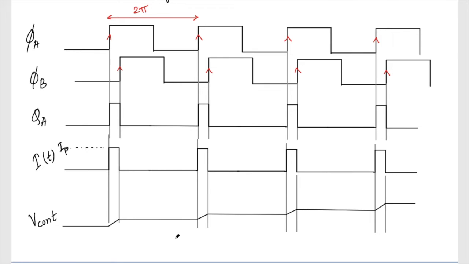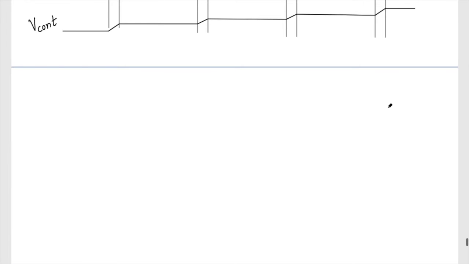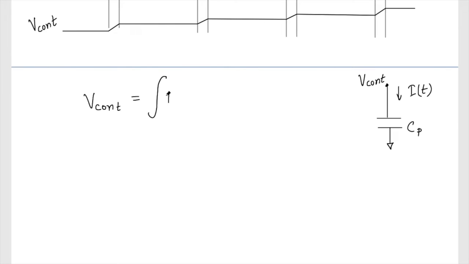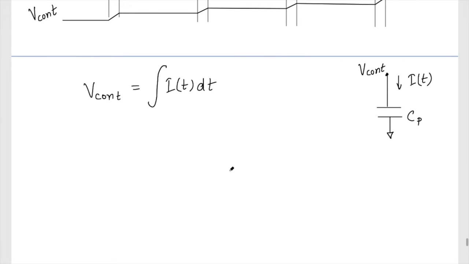Now we would like to quantify this and write an equation for it. If you see here, we have the capacitor CP, and a current IT is flowing into the capacitor, and we want to know the control voltage. We know that the voltage on a capacitor is the integration of IT dt.